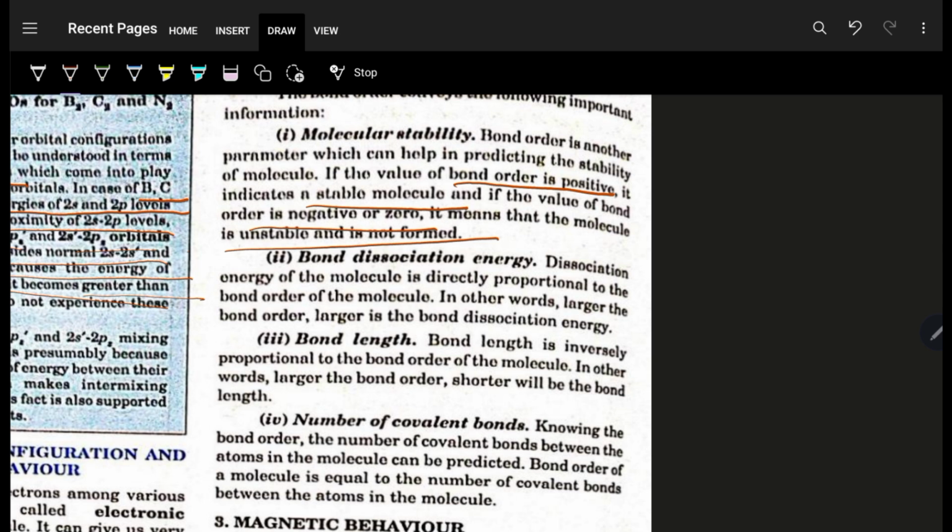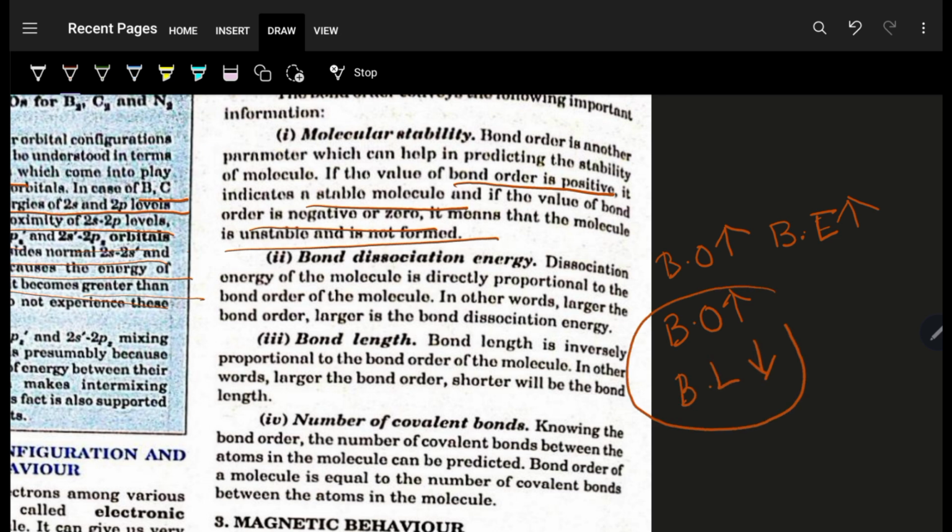The bond dissociation energy depends on the bond order. The greater the bond order, the greater the bond dissociation enthalpy, or bond enthalpy. Greater the bond order, more bonds exist between the atoms and the bond length decreases.